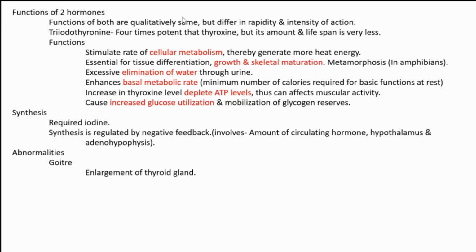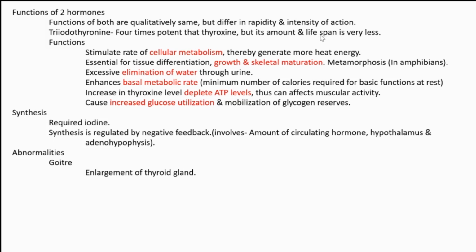Functions of these hormones. Thyroxine and triiodothyronine are similar with respect to their functions. But some difference exists, mainly in their rapidity and the intensity of the action. Triiodothyronine is 4 times more potent than thyroxine, but its amount and lifespan are very much less compared with thyroxine.